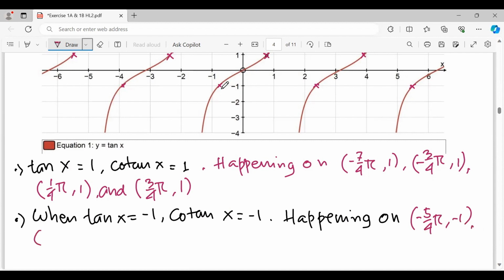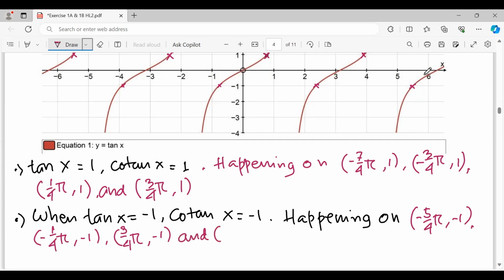Secondly, this one, minus 45, it means -1/4 pi, comma negative 1. Thirdly, this one, 3/4 pi, positive, at the right side of the x-axis, comma -1.